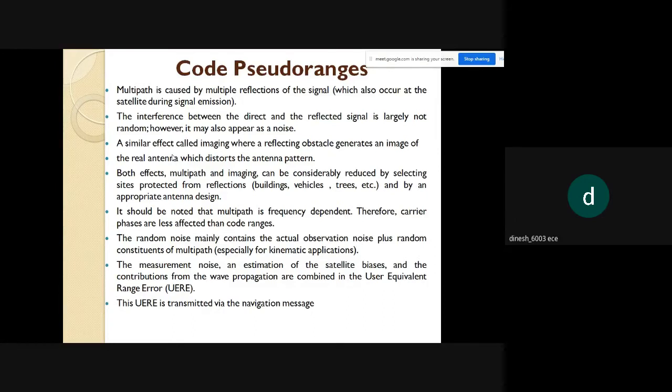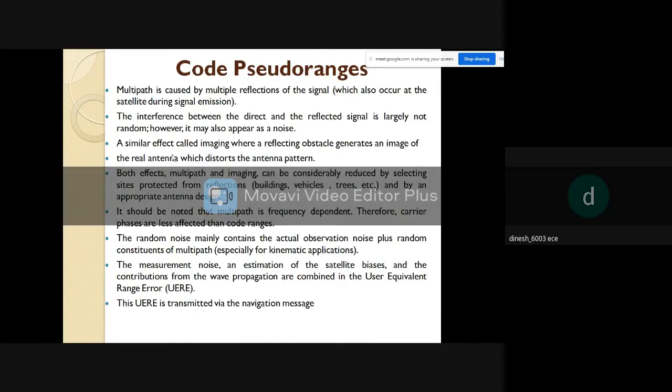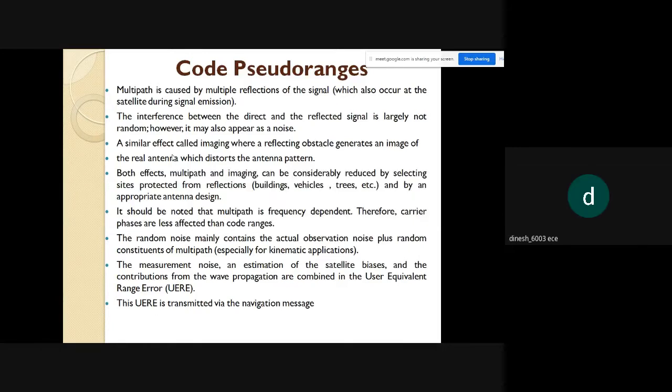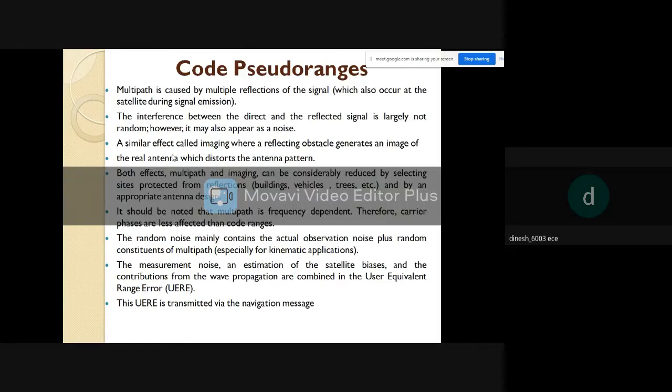Therefore, the random noise that mainly contains the actual observation noise and the random constituents of the multipath are estimated by the satellite biases under the wave propagation system, which can be determined by the user equivalent range error.